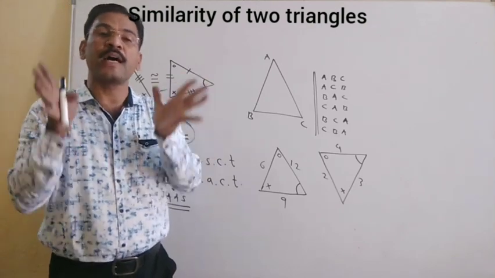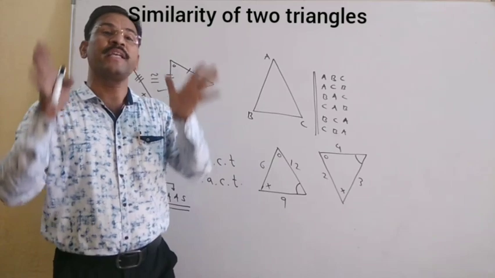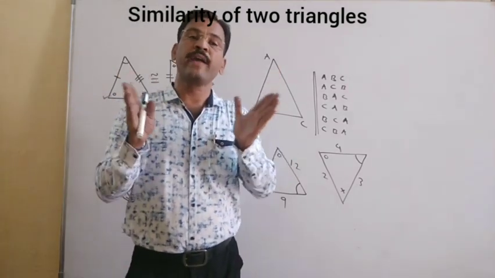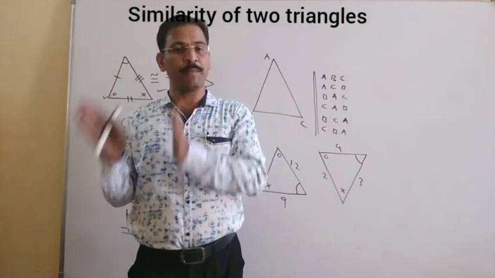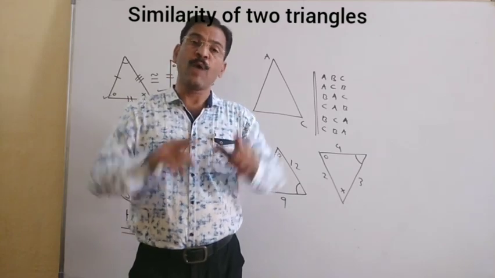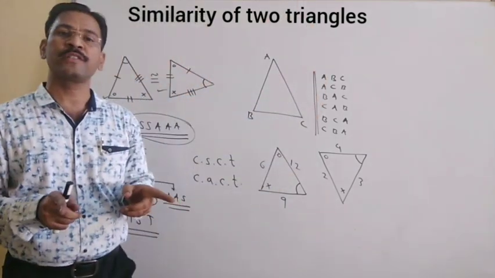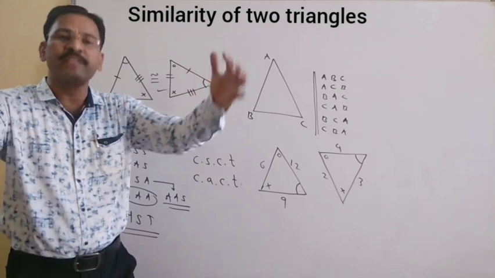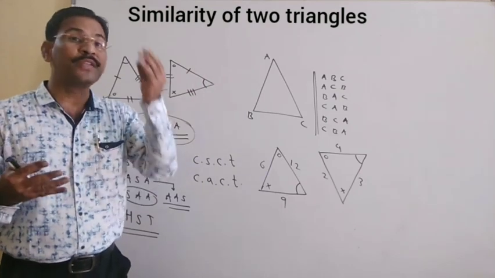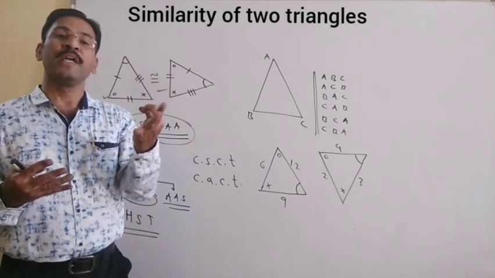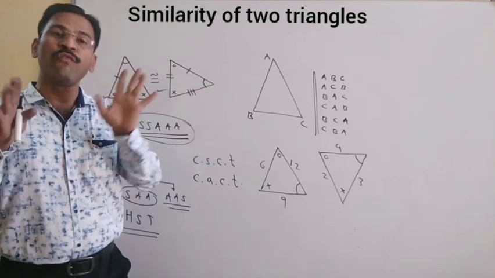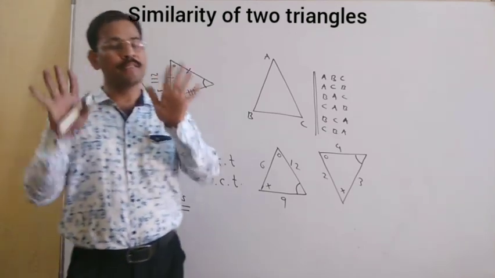So here these are the 6 conditions to get the two triangles similar. But out of all those 6 conditions, we do not always need all 6. We need 3 specific conditions. If we know those, then also we can write that the two triangles are similar.